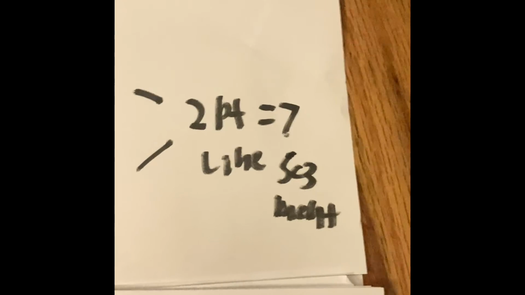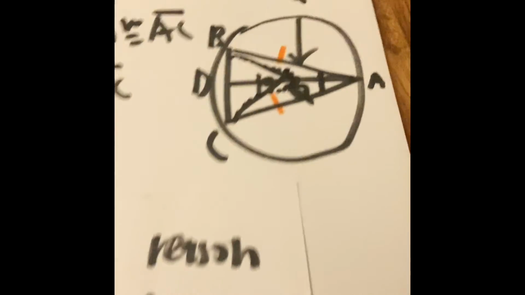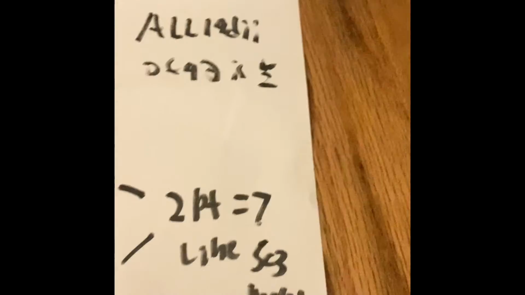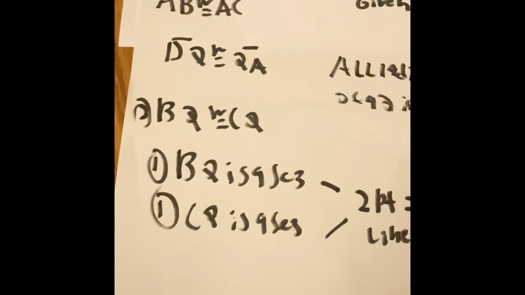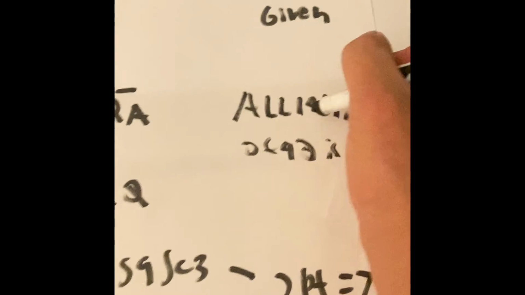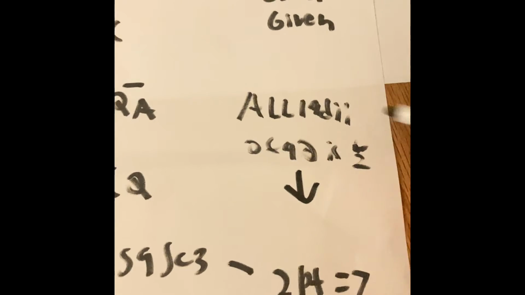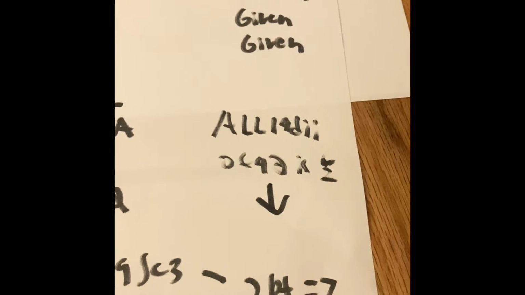So we have to understand that we drew those lines first. So we can now say BQ is congruent with CQ because all radii of a circle are congruent.